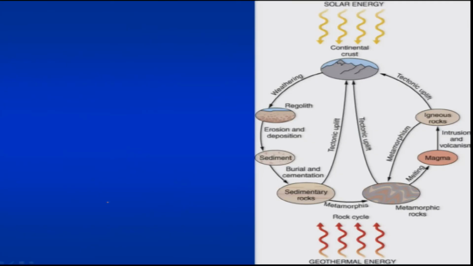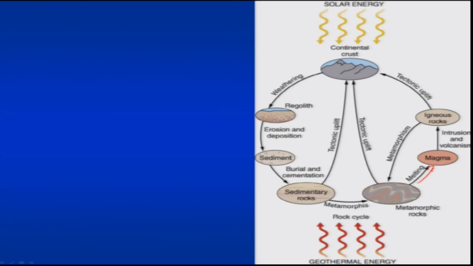So this is the cycle which shows how they are interlinked. We have the continental crust, and we can start from this place. We have geothermal energy, so the magma is getting heated up, the rocks are melted and they are brought up to the surface through intrusion or volcanic eruption.